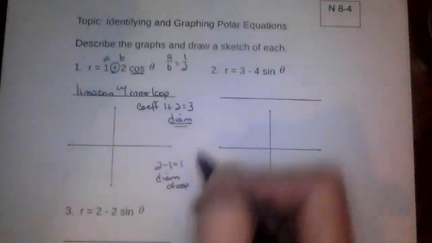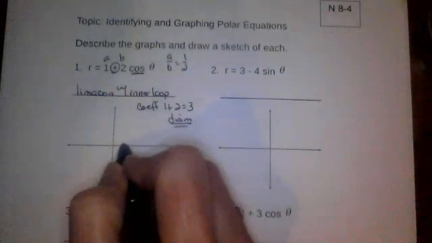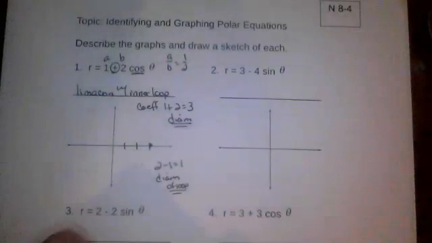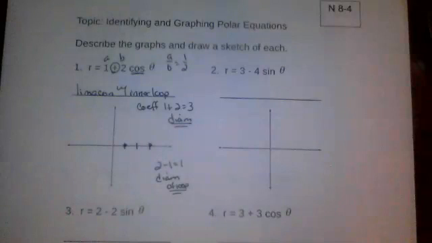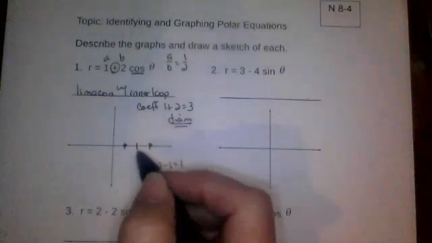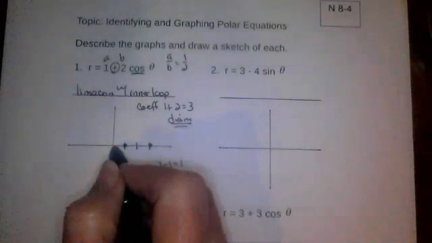So this is the overall diameter. This is the diameter of the loop. We're going to go out 1, 2, 3 units. We're going to go 1 unit out for the little loop. So our graph is going to do something like this.